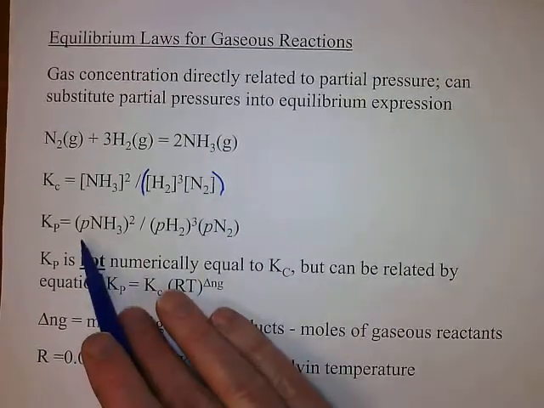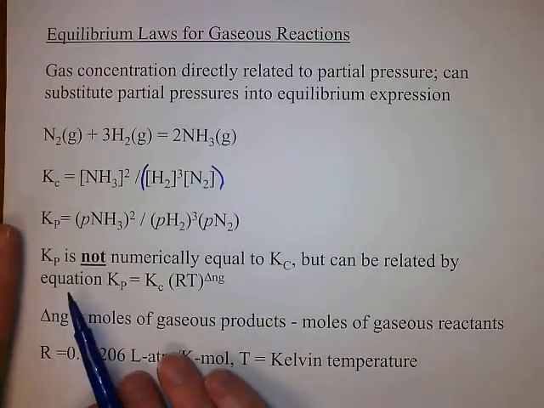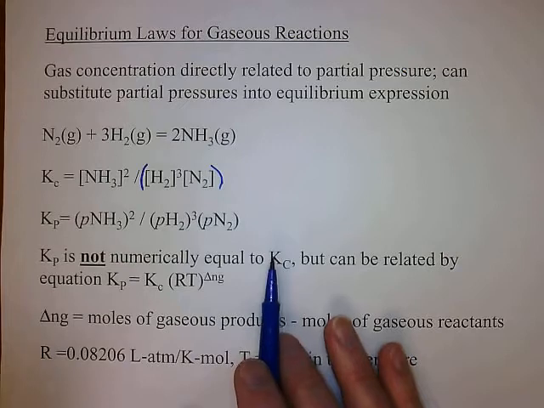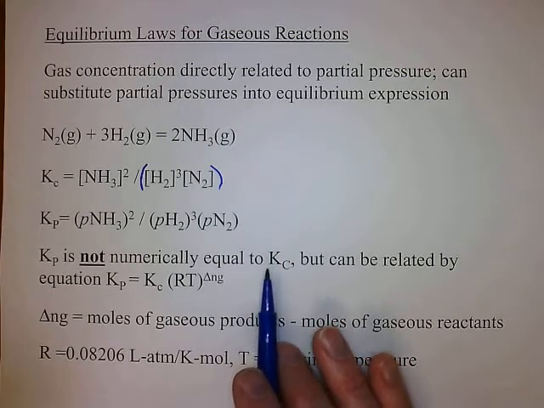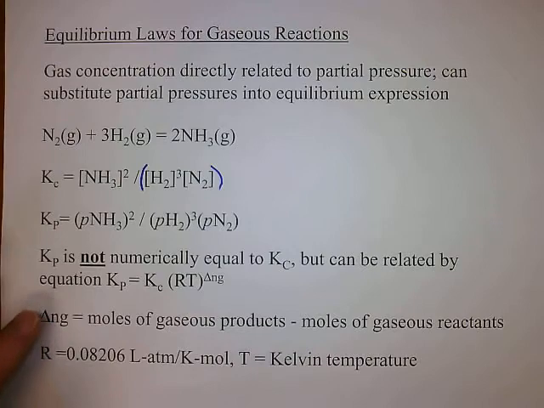We'd get a different number, but it's just like measuring a length in feet instead of meters. It's just basically a different unit. So Kp is not numerically equivalent. You're not going to get the same number, but they can be related by this expression.